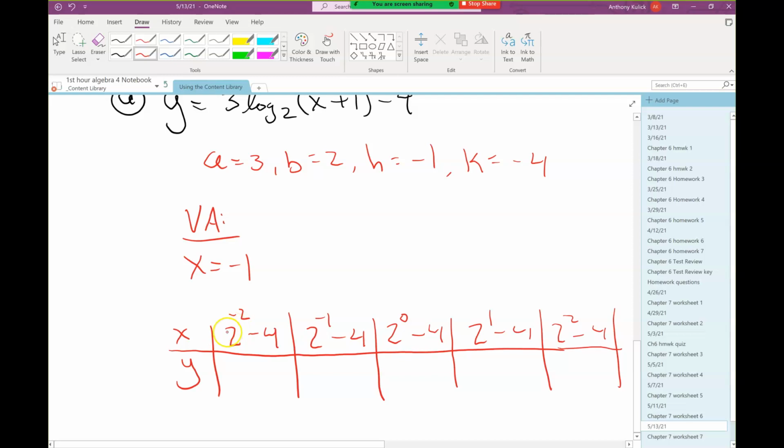So if I type 2 to the negative 2 minus 4 in my calculator, I get negative 3.75. And then negative 3.5, negative 3, negative 2, and then 0. So again, you could just type those things into your calculator to get the decimal. Or if you want to do it in your head, you can do it in your head. They're not that terribly difficult. Whatever you're more comfortable with. You know what I mean?